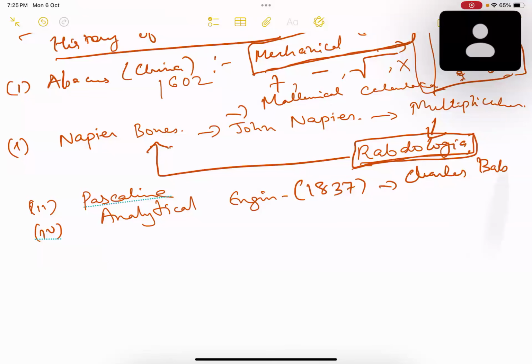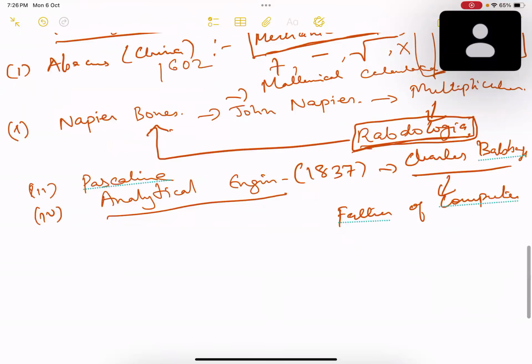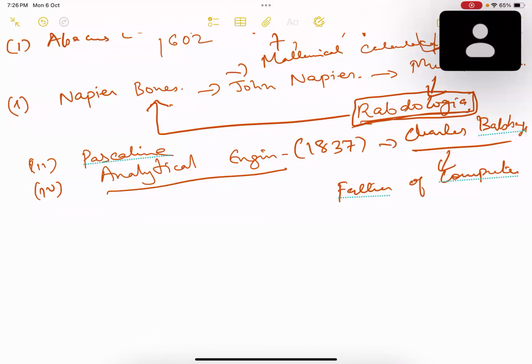That is why he is regarded as the father of computer. For MCQs, these things are important: Charles Babbage is regarded as the father of computer. Why? Because he developed the analytical engine, and this analytical engine is also regarded as the first general purpose computer.